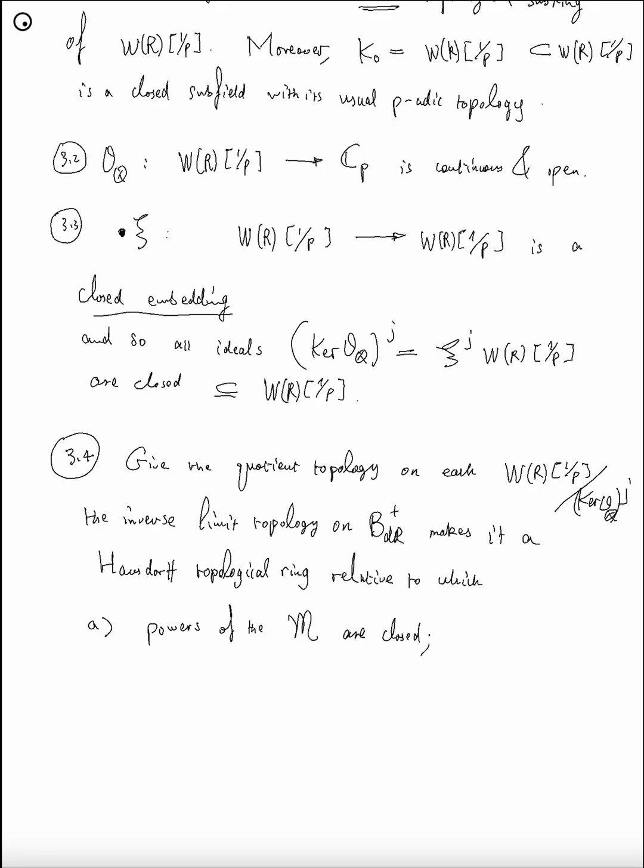Under the inverse limit topology, the powers of m are closed. Yeah, we were talking about this topology even here. We were talking about the product topology here. We already know this. Of course, this is in W(R), but here it's in B-dR plus. Yeah. So this is a similar phenomenon.